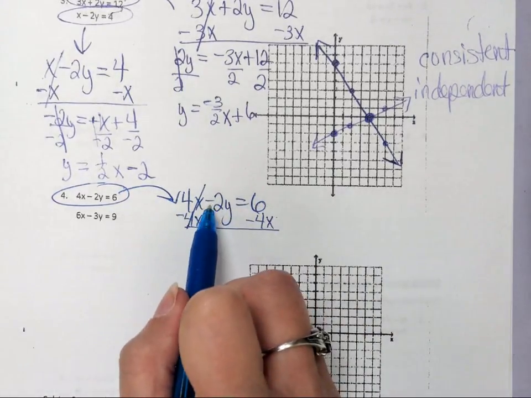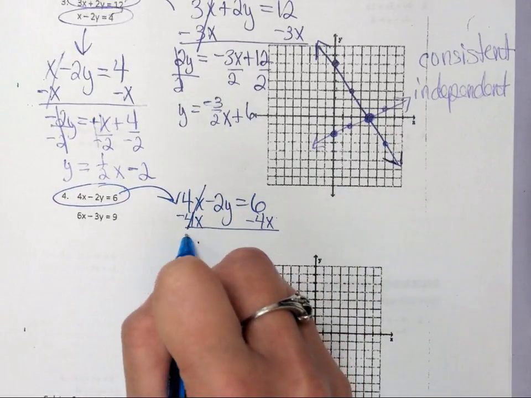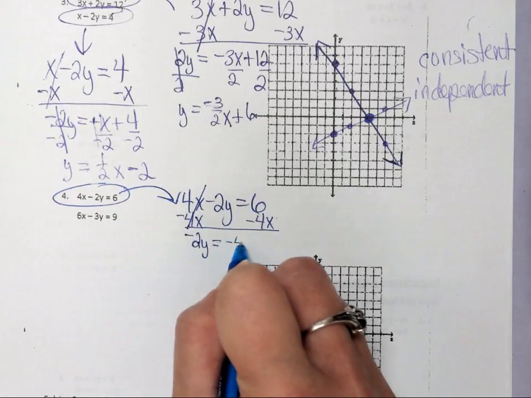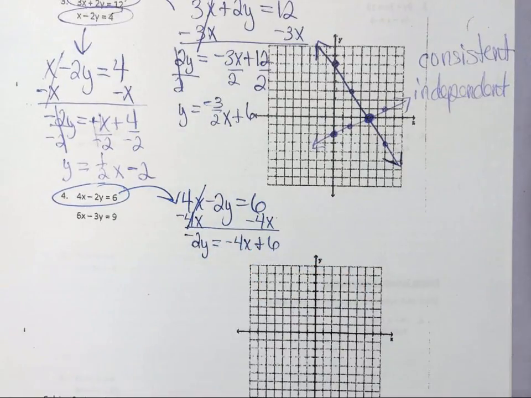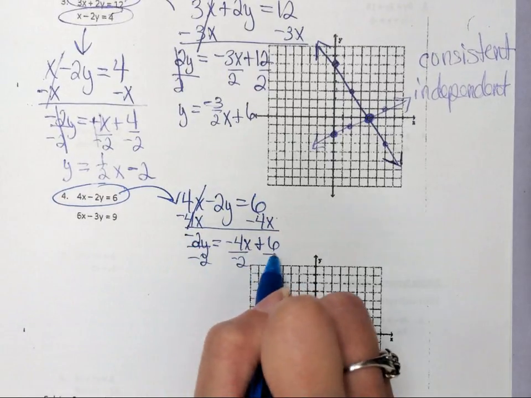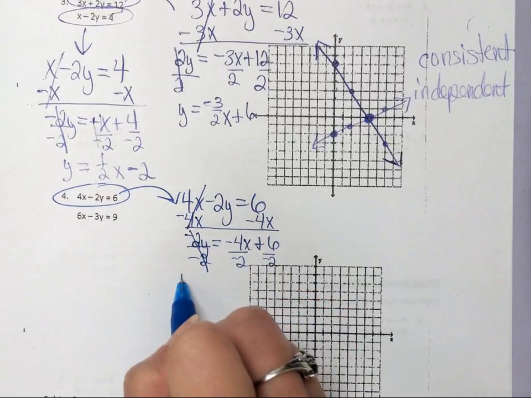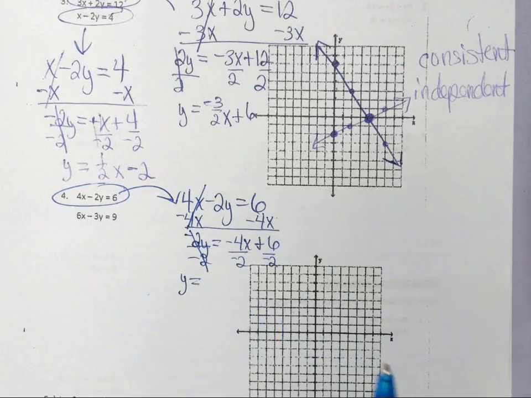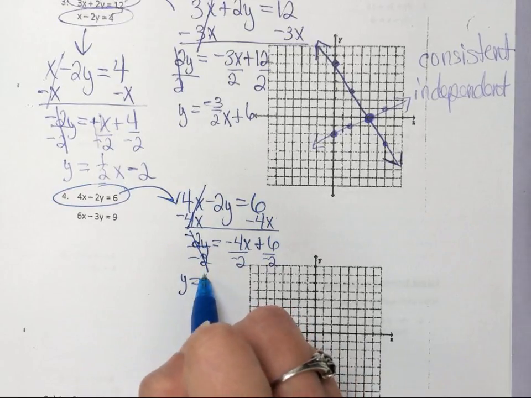Alright, so look right here, that 2 is negative, so make sure you keep that negative with that 2. Alright, Jonathan, what would I do after that? Perfect. So, what's negative 4 divided by negative 2? Positive 2 or negative 2?